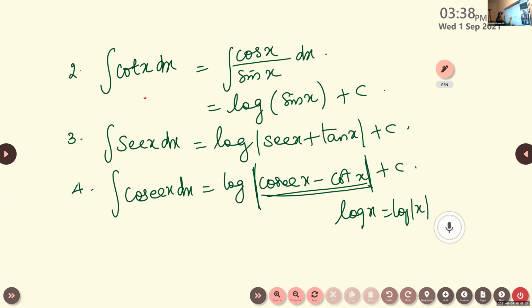If it is not a single term, you have to subtract and take the positive value only. So we write modulus cosec x minus cot x. Log of cosec x minus cot x plus c. Similarly, for the previous one, log of sec x plus tan x plus c.